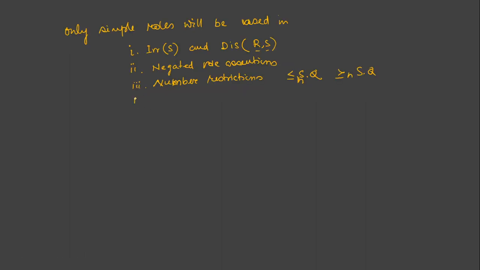And also, while we are having self restriction, right? So we are defining, so this is the case of a reflexive property. We are defining a property which is reflexive. So in that scenario, we'll be using only simple roles, right?